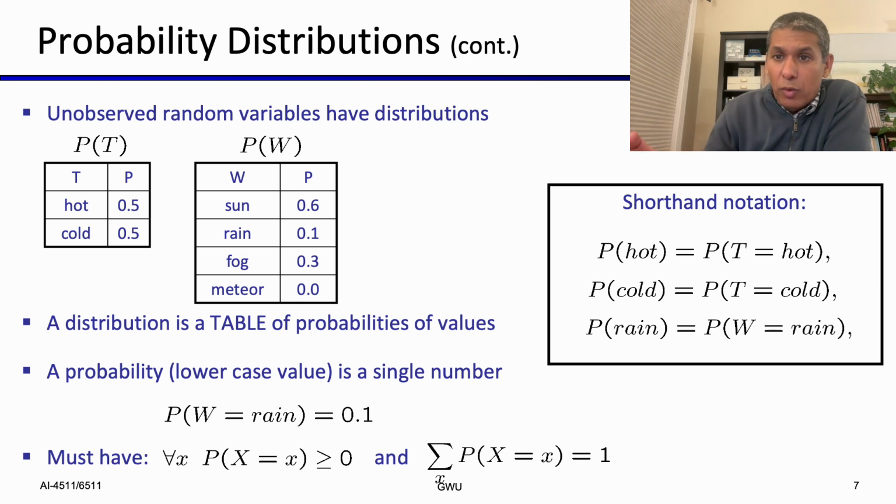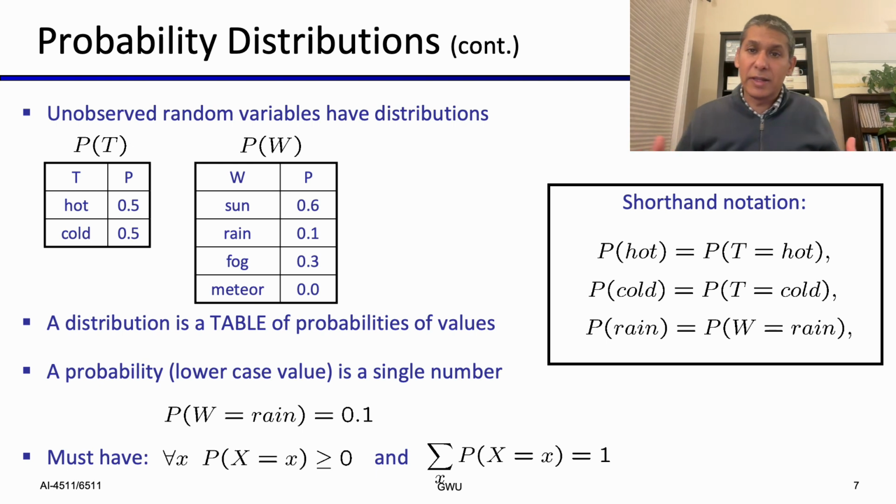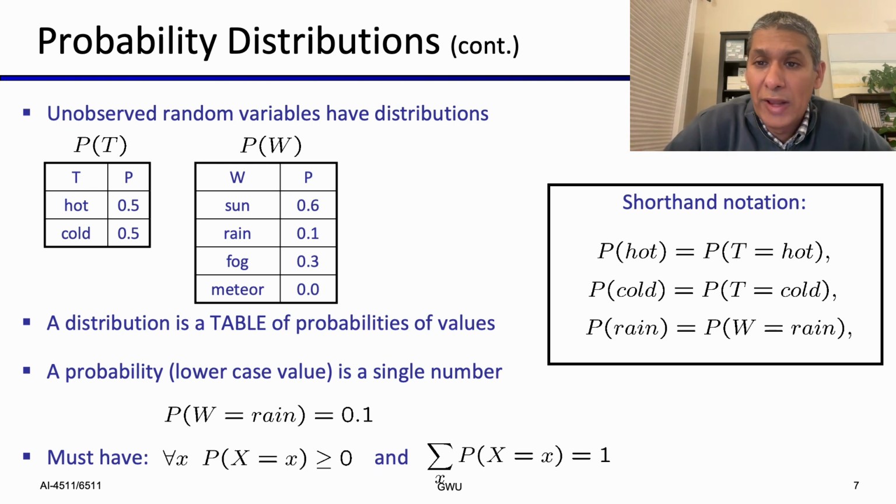And the probability is a quantitative value. If we are just looking for one particular domain value, we would just have a probability. But for the entire table, that means for all the domain values, we'll have a map or a table represented like we have here. So a probability is a single number. A distribution is a table or a map.